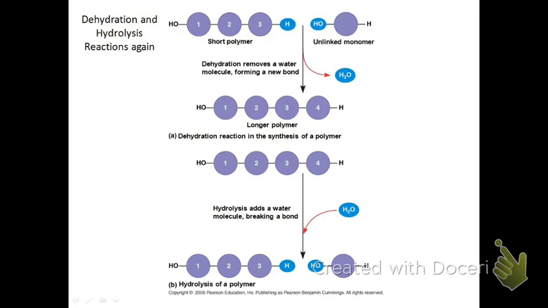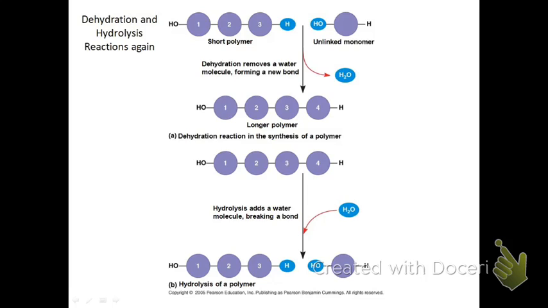Now, how does this happen? If you remember, we talked about the open bonds that get left behind. This happens by removing water in those dehydration reactions. So it allows for a bond between the carbon and the nitrogen to be created. When we put many amino acids together, we end up forming the polypeptide or the protein that we see here.